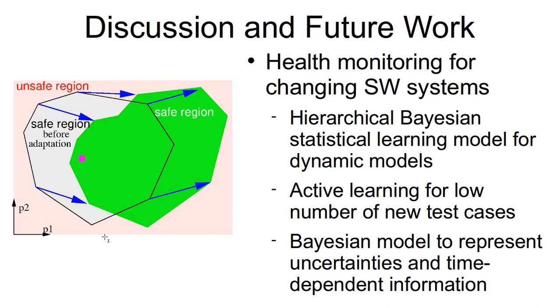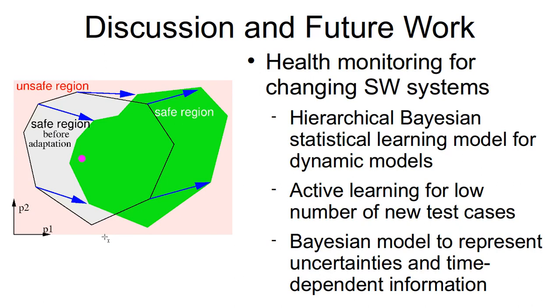Still, for safe operations, you need to know the location of the safety regions. So our framework uses a hierarchical Bayesian statistical learning model, which is particularly suited for dynamical models. The underlying algorithms used in our learning model are particle filters, which are specifically suitable for learning dynamic systems.